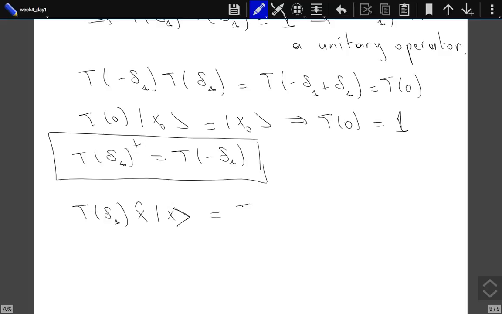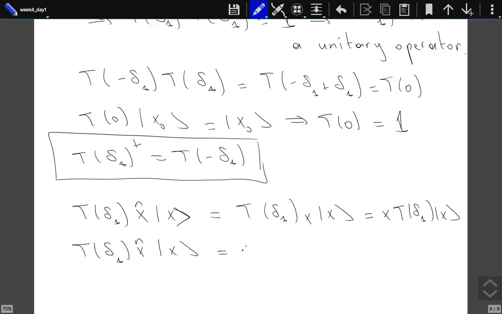This is equal to translation by delta 1, x multiplied with the ket x. This is equal to, well, this x over here is a number. It's not an operator. This is equal to x times T delta 1 |x⟩, or this operator, this is nothing but x times |x plus delta 1⟩.